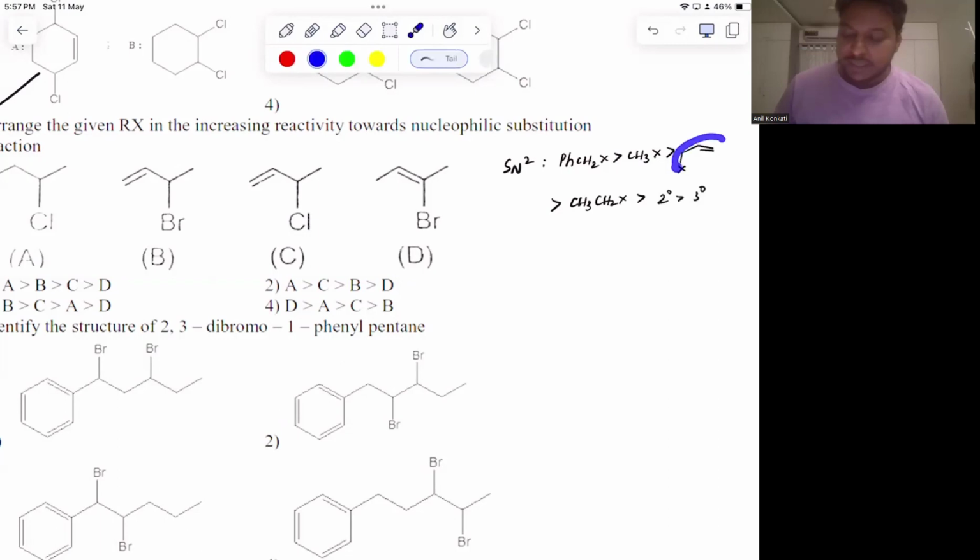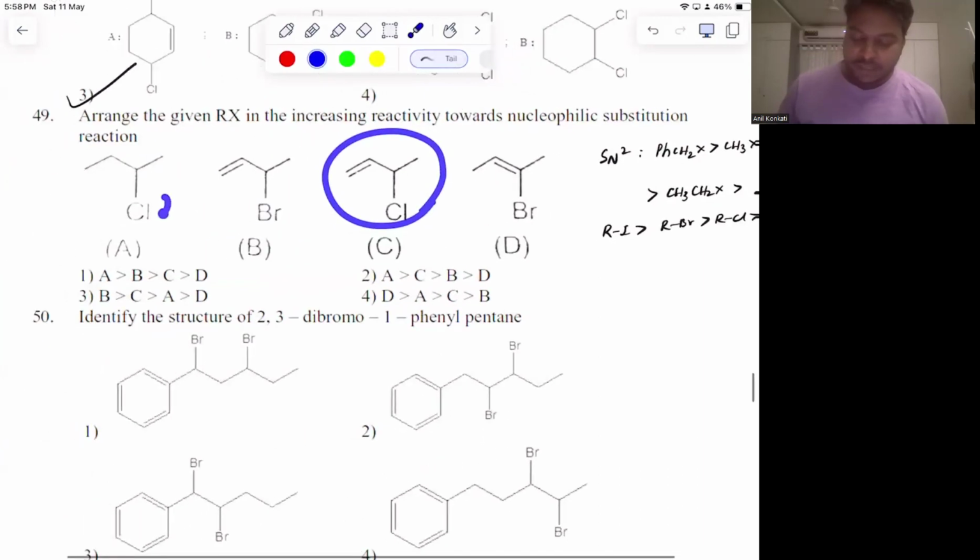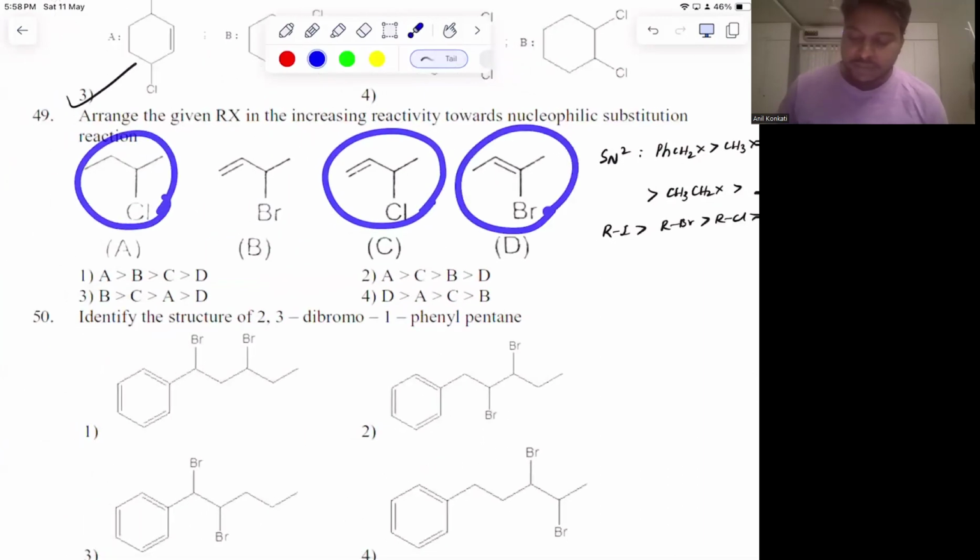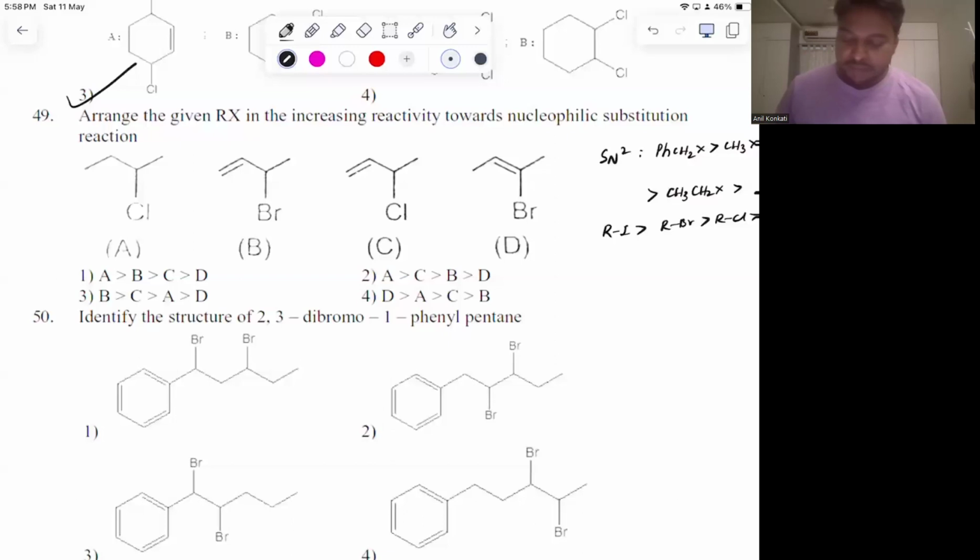So you can see that allyl is always greater than 2 degree and 3 degree, and vinyl is extremely poor. And within the groups, RI is more reactive than RBr, RCl and RF. So therefore, Br is most reactive, then Cl, then we have secondary, and then we have this vinyl. So it is BCAD.